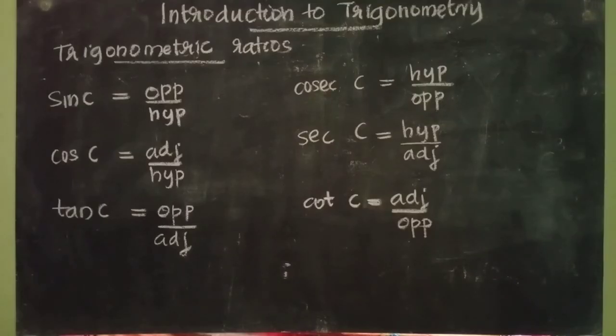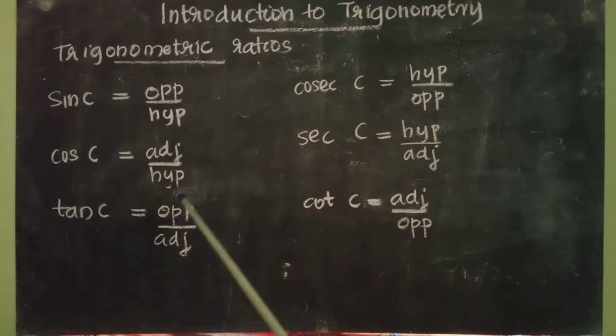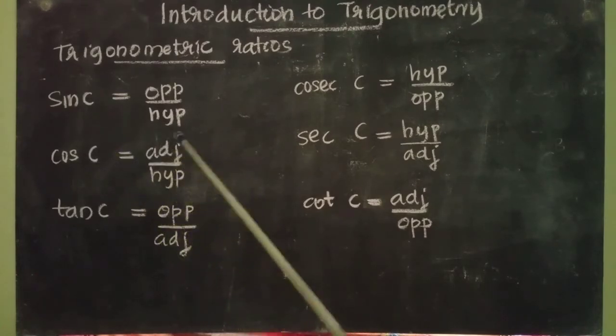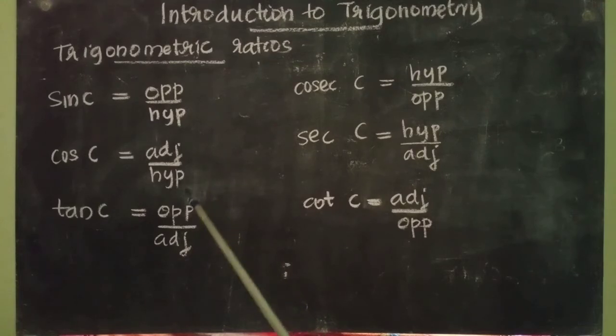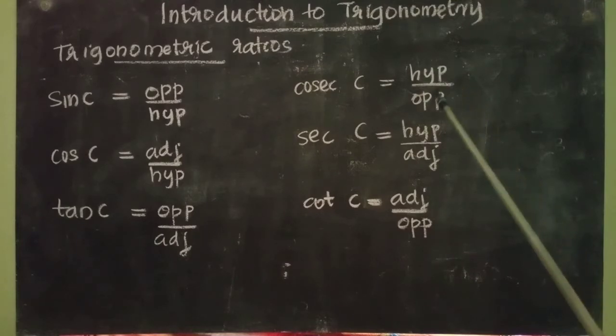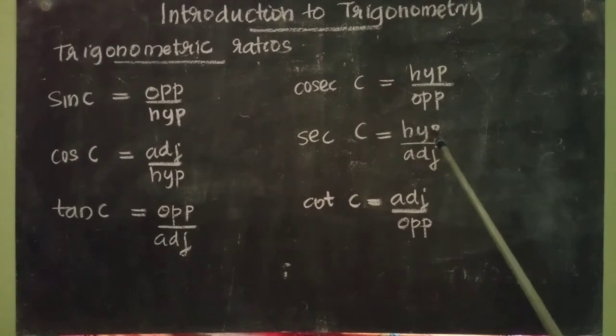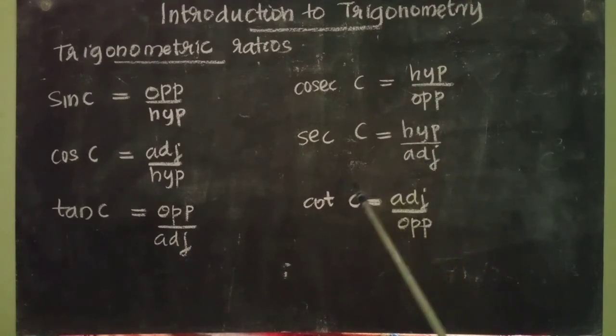So, the 6 trigonometric ratios are: sin C equal to opposite side by hypotenuse, cos C equal to adjacent side by hypotenuse, tan C equal to opposite side by adjacent side, cosec C equal to hypotenuse by opposite side, sec C equal to hypotenuse by adjacent side, cot C equal to adjacent side by opposite side.